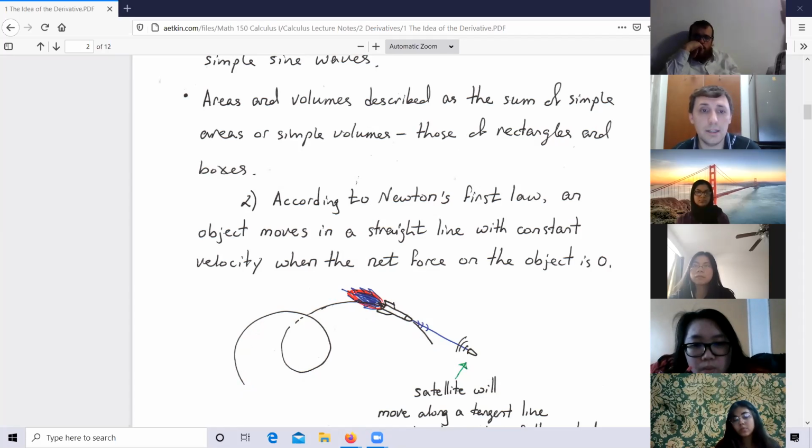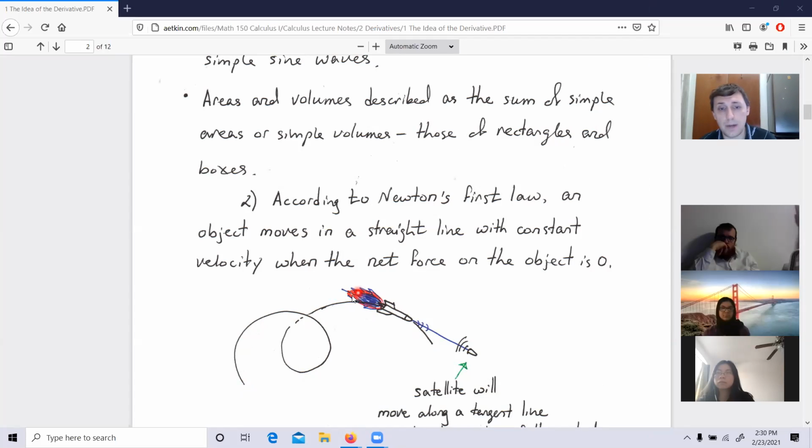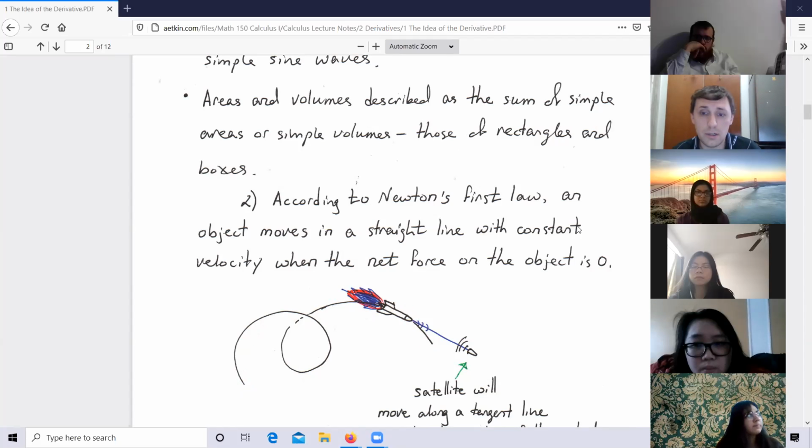Okay, and now imagine that this rocket is powered by this engine, and at this moment the rocket turns off the engine. As soon as it turns off the engine, it will fly away from its path in a straight line. You understand? And that straight line will be the tangent to the curve.